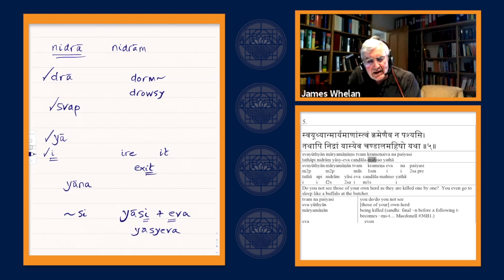Swayutyan maryamanas tvam kramenaivan napashyasi tatapi nidram yasyeva chandalam mahisho yatha. And again, swayutyan maryamanas tvam kramenaiva napashyasi tatapi nidram yasyeva chandalam mahisho yatha. So I think that was what I need to do there.